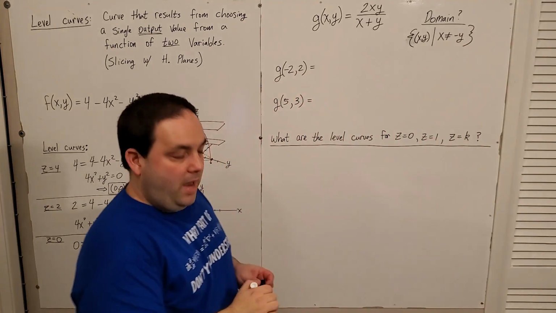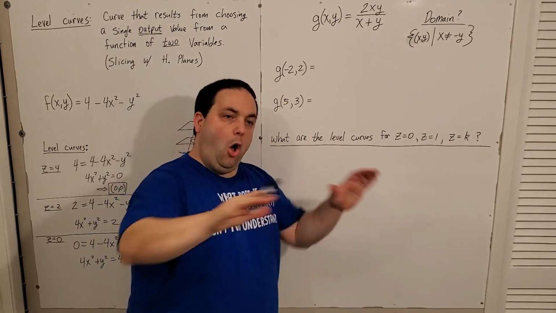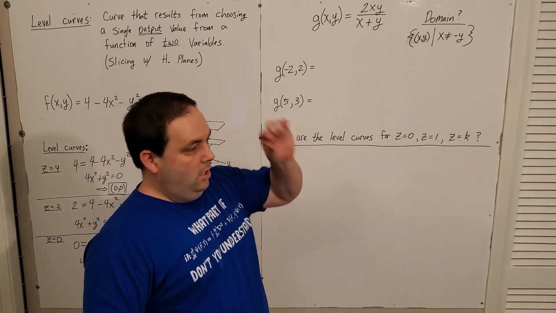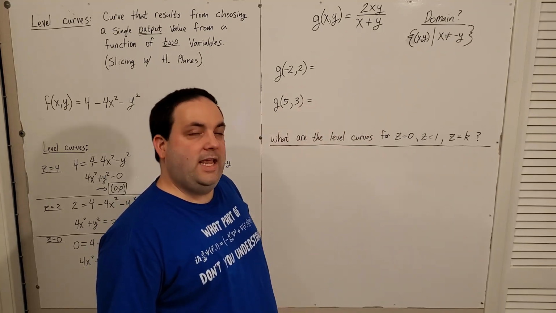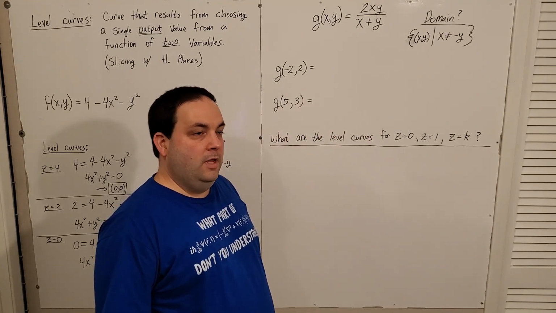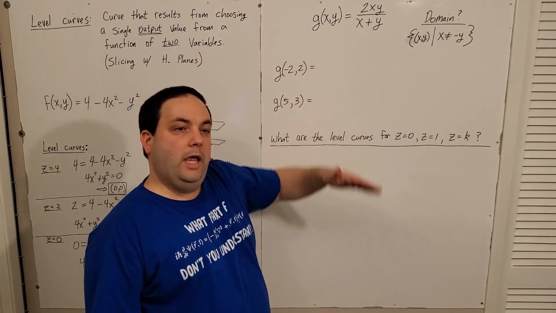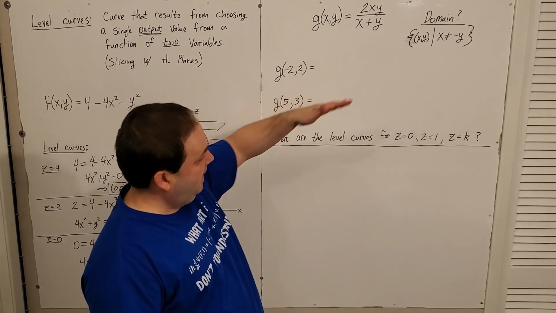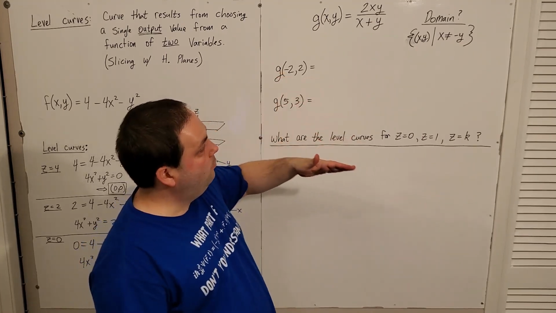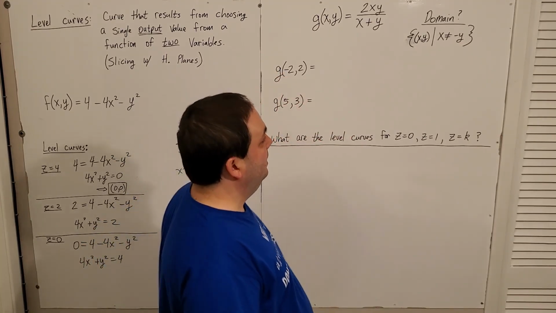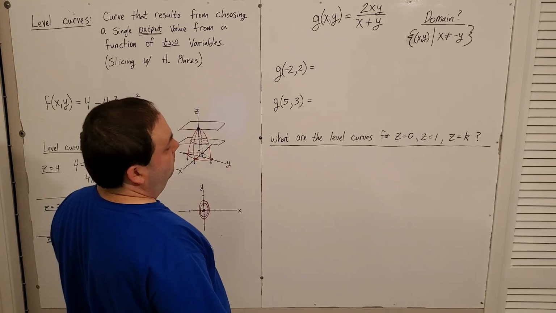And that's going to be my domain there. It'll be all of the entire xy plane. All of those points are domain points, except x can't equal negative y. So it'll be a line through the origin with a negative slope of -1.